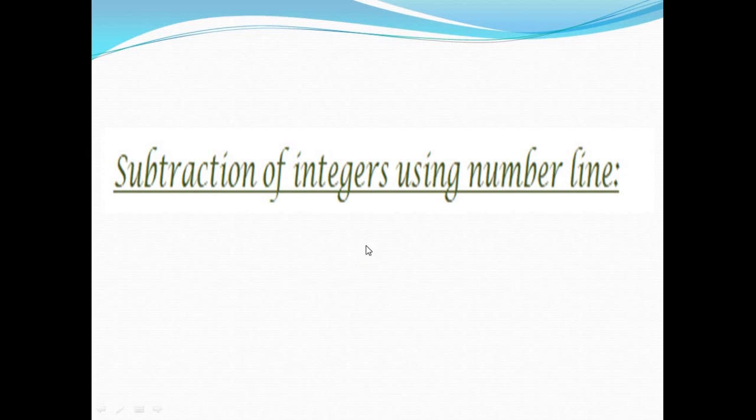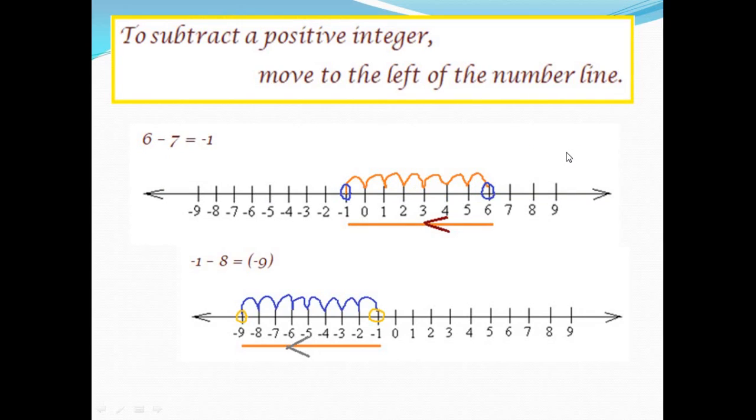Let's subtract integers using number line. The rule saying to subtract a positive integer, move to the left of the number line. So, the first example is 6 minus 7 equal to.